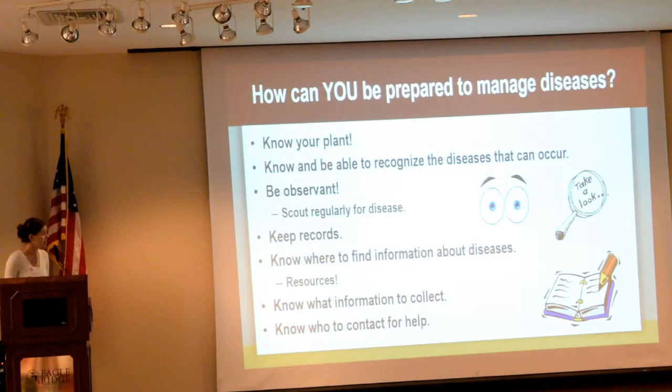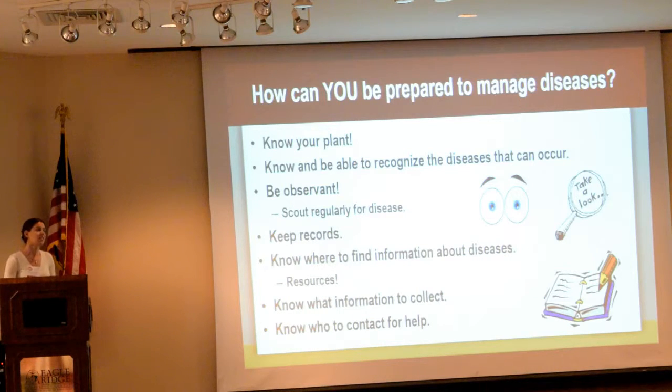So how can you be prepared to manage disease? Well, you should know your plant, know what it looks like through all growth stages, know what particular deficiencies or toxicities look like, know and be able to recognize the diseases that do occur in your crop.